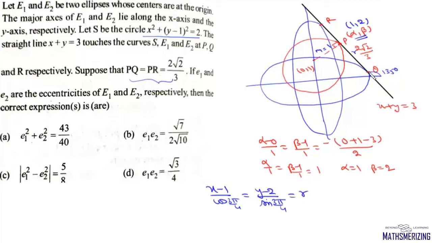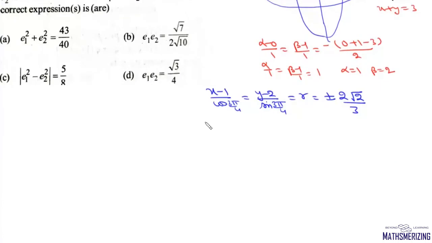Now we need to find the points Q and R. Both are at a distance of 2 root 2 upon 3 units. So that means the value of r is plus or minus 2 root 2 upon 3. So we can write this equation as (x minus 1) upon minus 1 by root 2 equals (y minus 2) upon 1 by root 2, and this is equal to 2 root 2 upon 3.